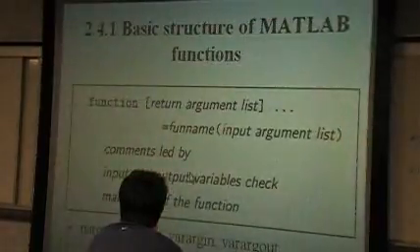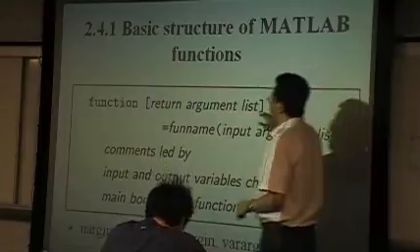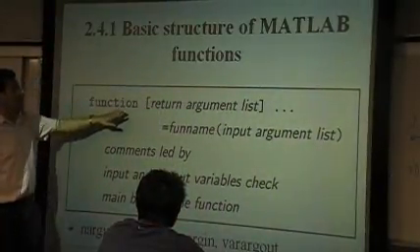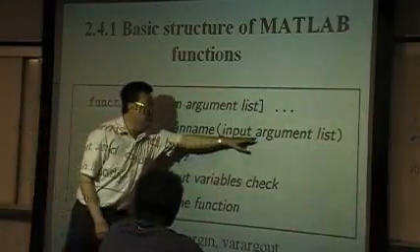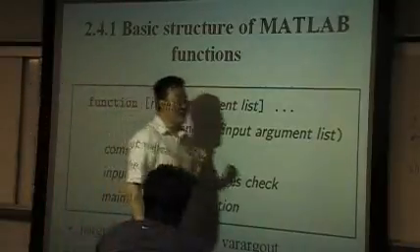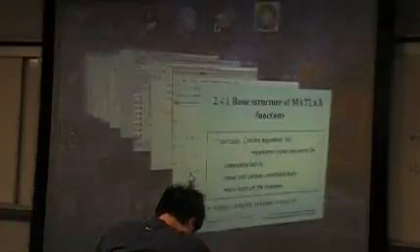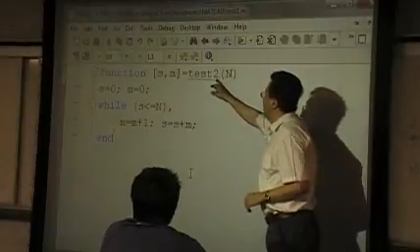So in this case, we need a function structure. The first sentence in the function should be led by the function keyword, and then the return argument list, the input argument list, and also the function name. You may have noticed that I used test2 accidentally in the function name.